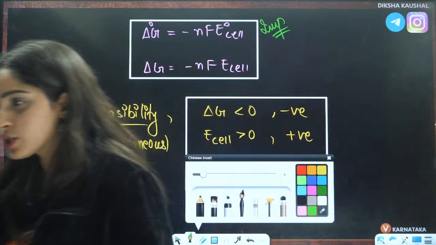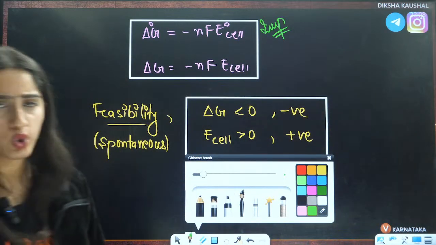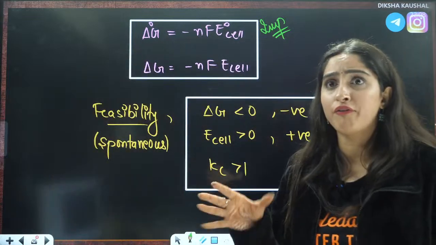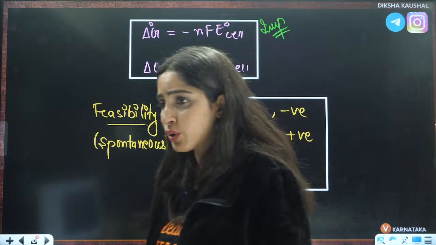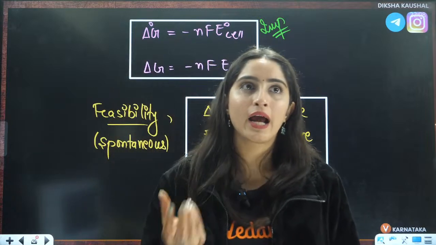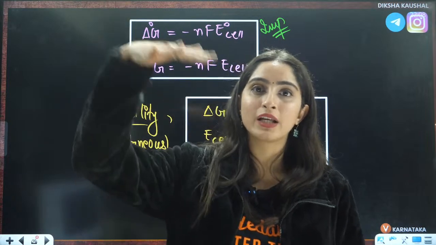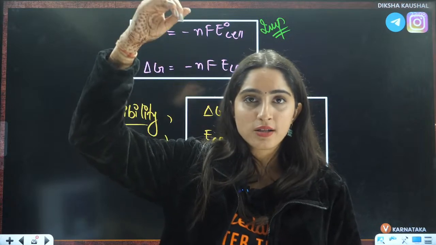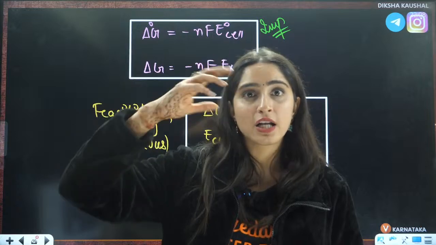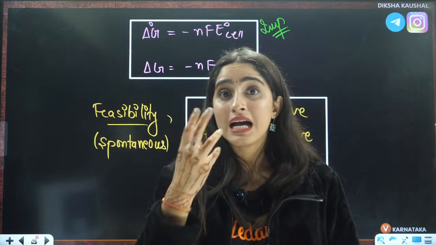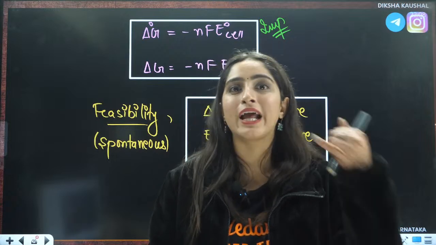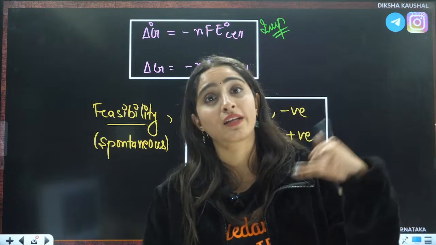Spontaneous means that it occurs by itself, right? If I am drinking water, or water is falling in a waterfall, it is falling by gravity, by itself only. Or if I am eating something, the digestive system is working on its own. I don't have to call the digestive system so that it can work.